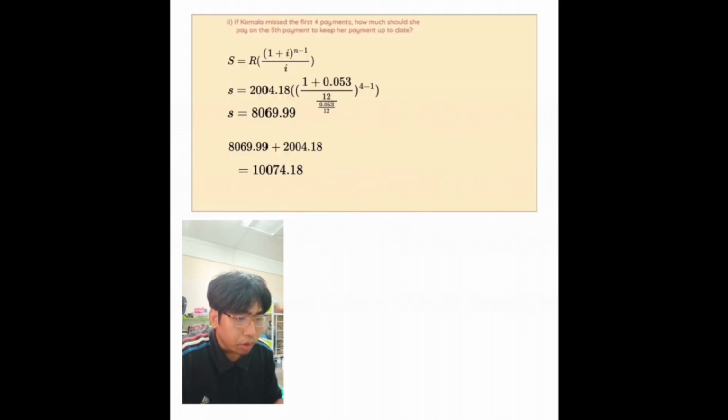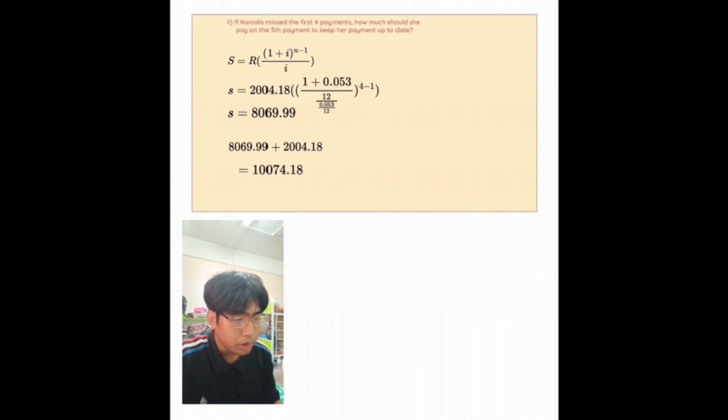Question 2: If Kamala missed the first 4 payments, how much shall she pay on the 5th payment to keep her payment up to date? For question 2, we just need to use the sum future value formula as shown below. So we'll calculate (1 plus 0.053 divided by 12) raised to the power of 4, minus 1.